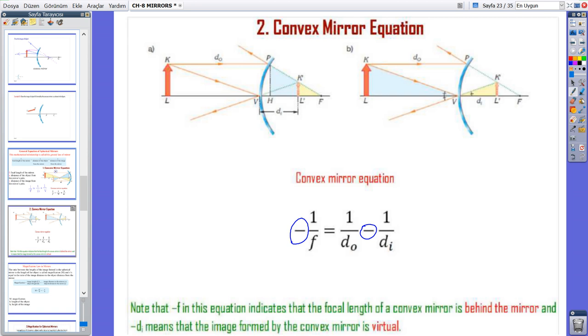Minus means the image is virtual, or we can understand the mirror is a convex mirror. 1 over focal length equals 1 over the distance of the object, we can show the object as u, and minus 1 over the distance of the image, we can show the image as v.